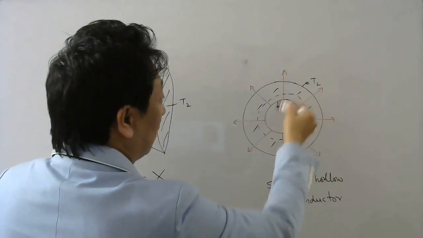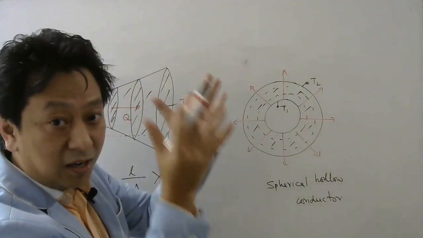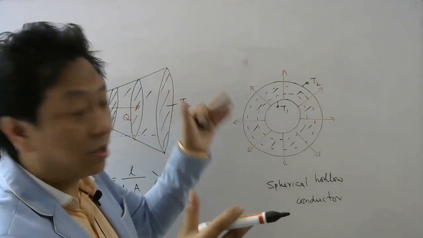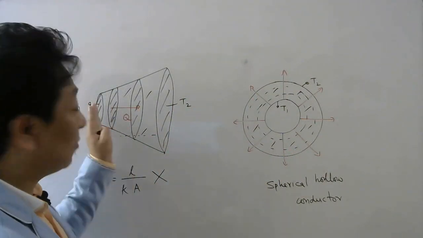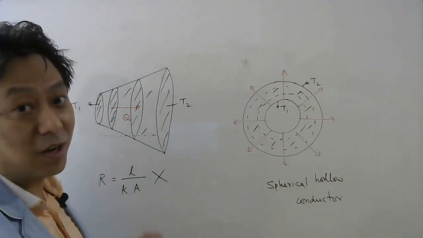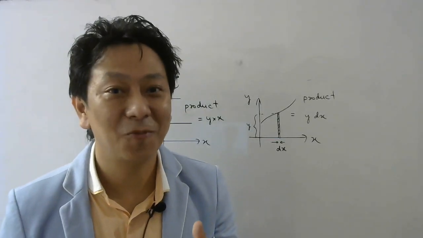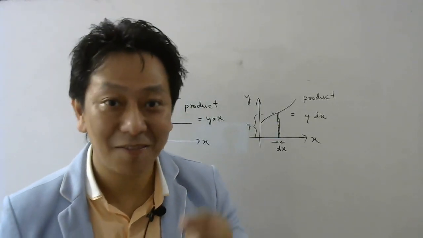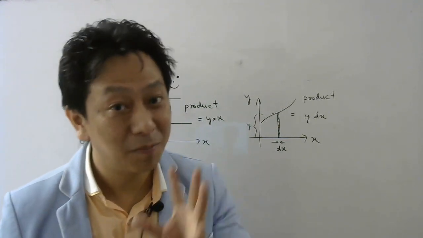Then as you go further, this is the spherical area through which heat has to come out. So even here the area changes as we go along the flow of heat. Therefore we cannot directly use this formula. Then what will we do? This is where integration will come to help us. I have already discussed in detail the concept of integration and the formulae. Please have a watch.